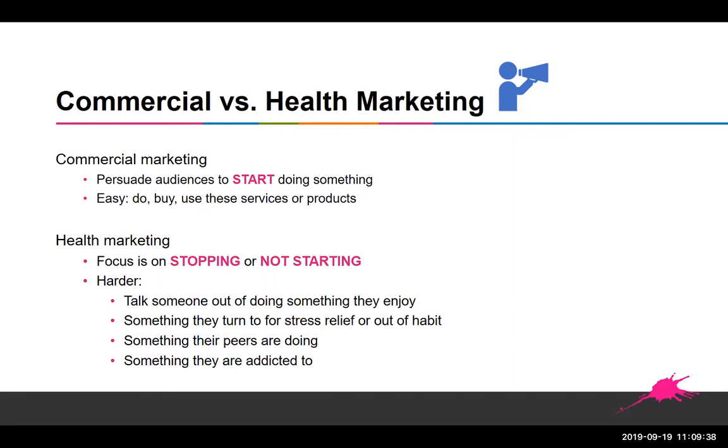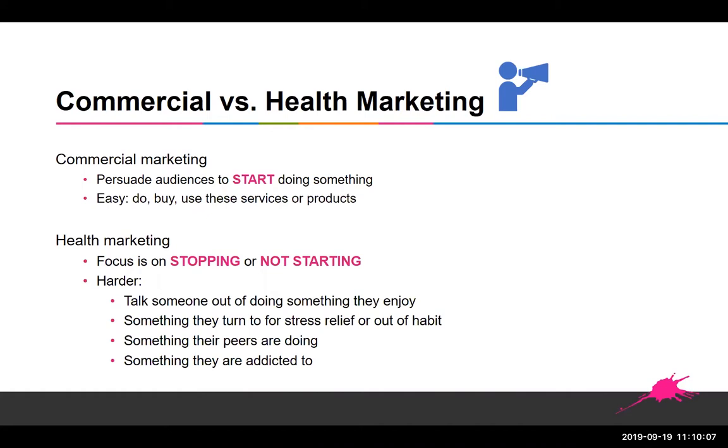So with prevention efforts, and often with behavioral health efforts and messaging, we have some challenges to deal with right away, which can include things like addiction, like I said, substance abuse, physical dependence, but also emotional connections. For example, if you're trying to talk to a diabetic about the foods that they should be avoiding, there's an emotional connection that we have with food that can be a tough one to overcome.